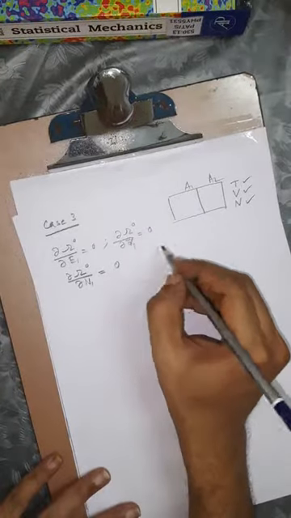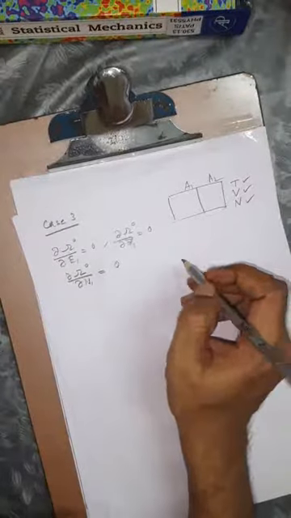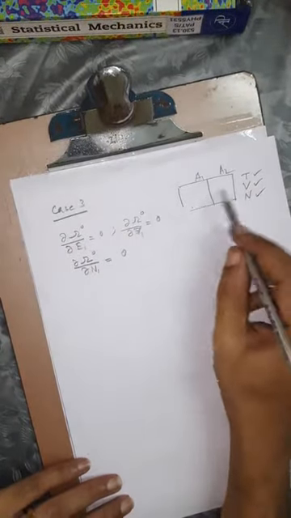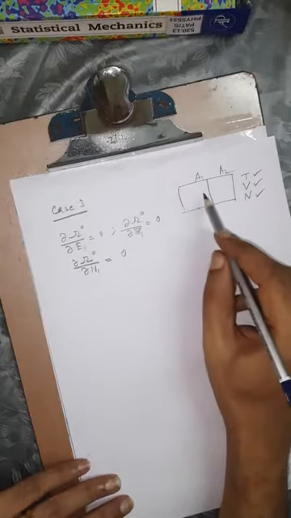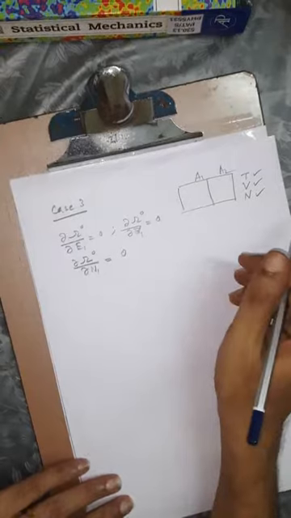So these are the three expressions which will govern the third case, where you allow the number of particles also to be exchanged between A1 and A2 and reach an equilibrium.